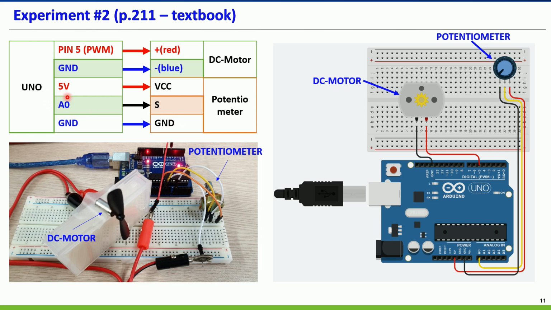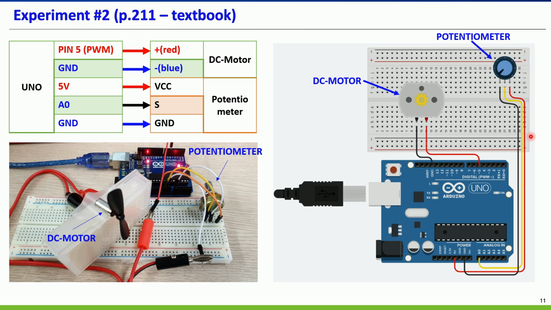In the potentiometer, the voltage input, we use analog input 0. And of course in the potentiometer, remember, you have to give the voltage and also ground.